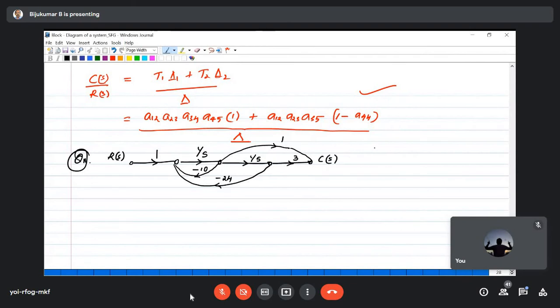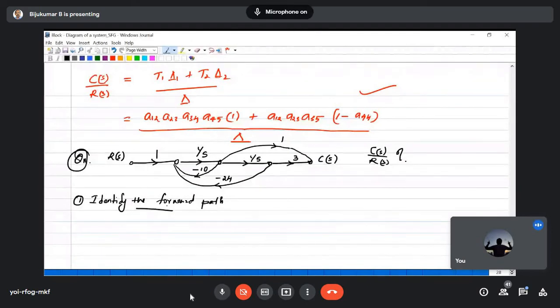So the question is how to find the transfer function C of S by R of S from this signal flow graph. So again, the first step is to identify the number of forward paths. How many forward paths exist in this graph? Two, right?